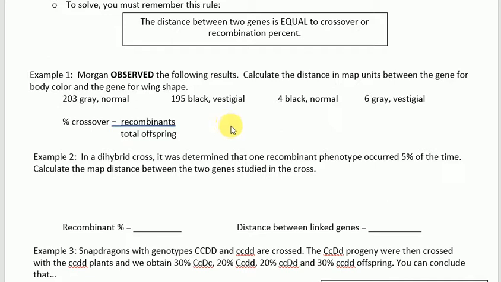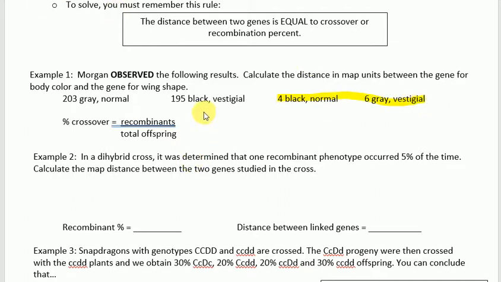So the first thing that we know by looking at these numbers is that we have linked genes and that crossover occurred. So to determine this, we're going to take the recombinants over the total offspring. So our total, if we calculate this, was 408. Our recombinants are these right here, which is 10.